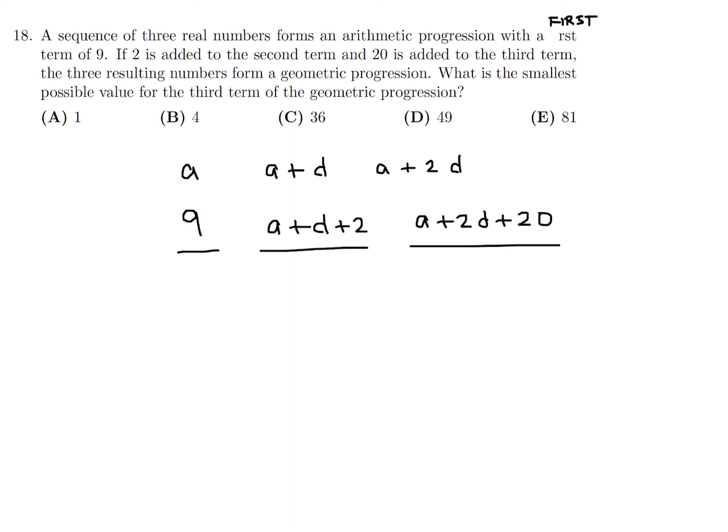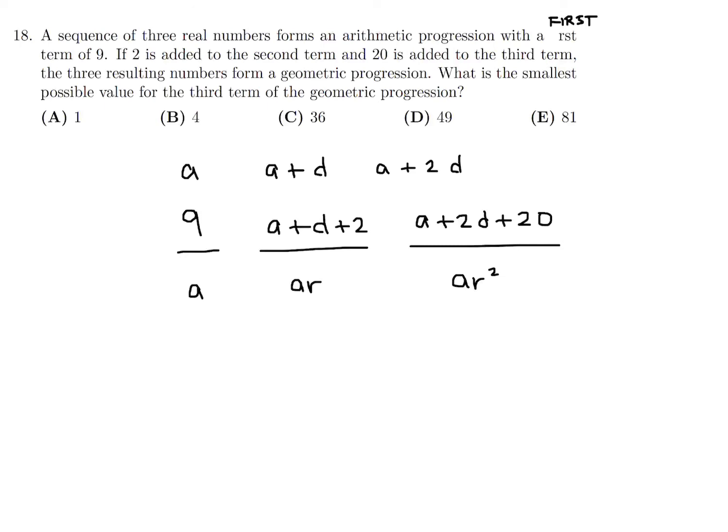And a geometric progression is of the form A, AR, AR squared, AR to the power of 3, and so on. Okay, so that's the first part of the question, and let's proceed with that.